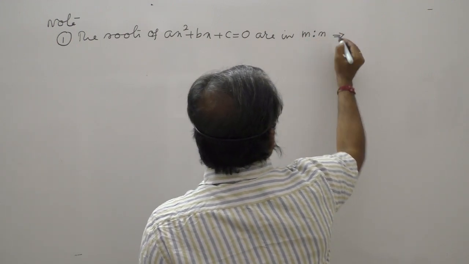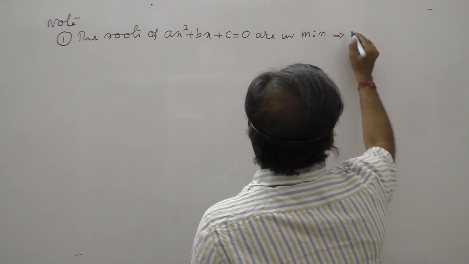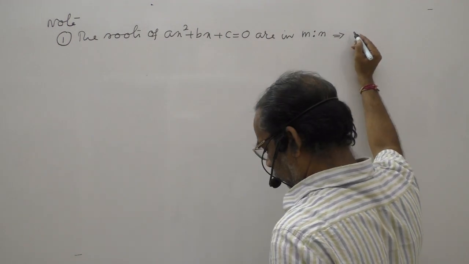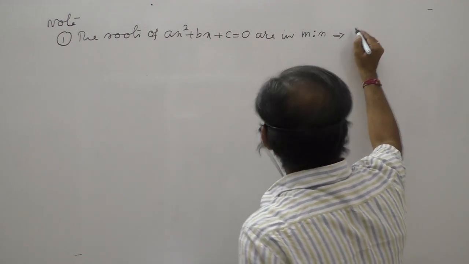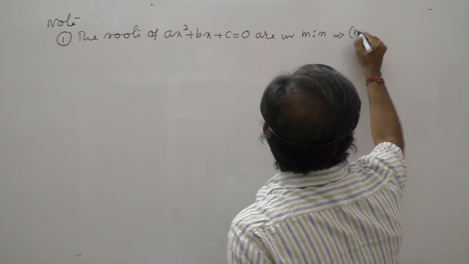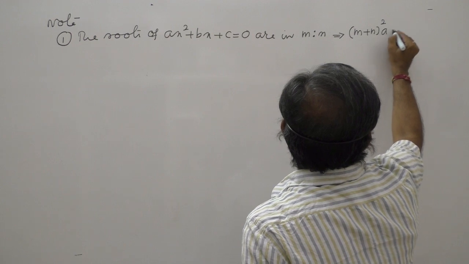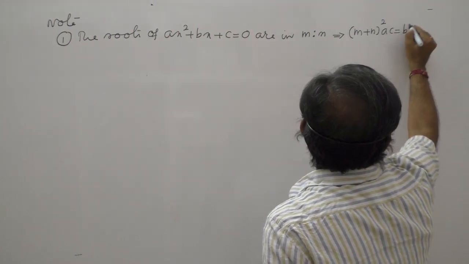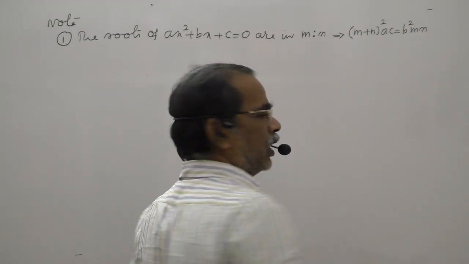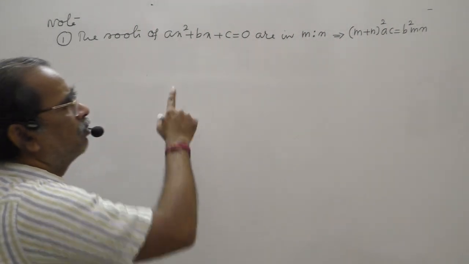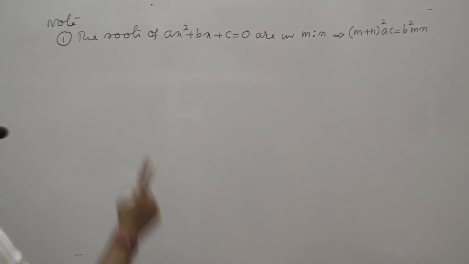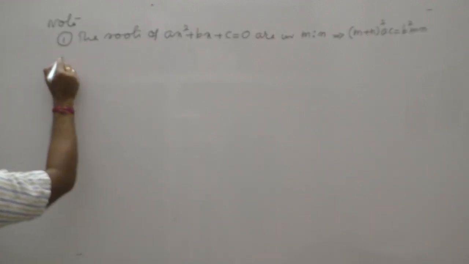Then the condition is, what is the condition? Just now we have seen. The condition is m plus n whole square into AC is equal to b square into mn. This is the condition for the roots to be in the ratio m is to n.